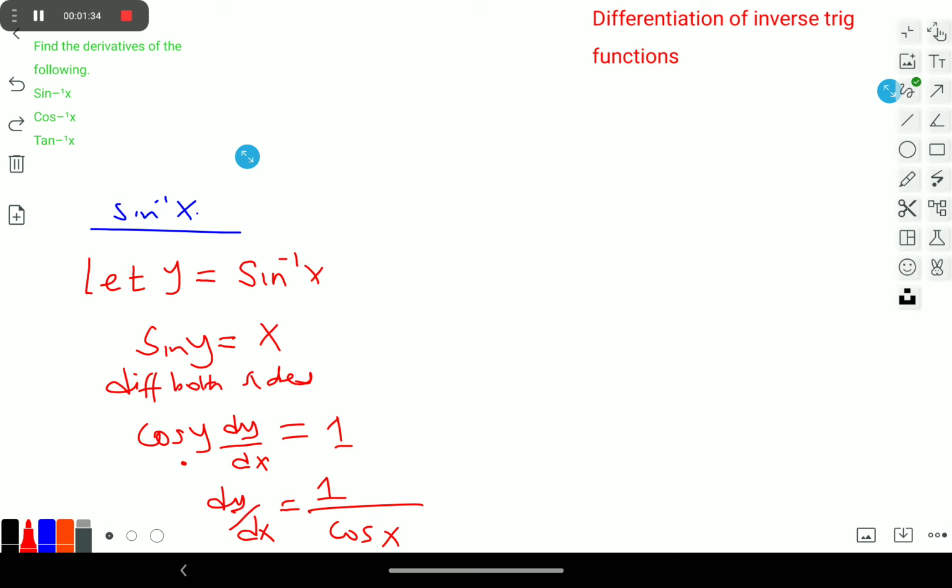Now at this point, sorry, it is cos y. We need to look for cos y in terms of x, but we know our properties in trigonometry.